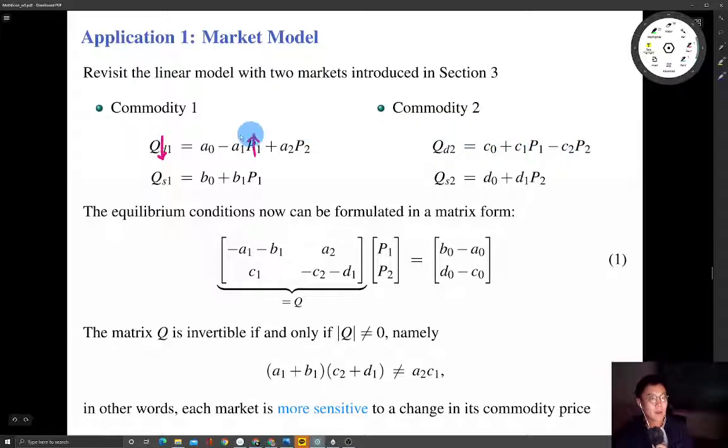But if we take a look at the coefficient of P2 in demand for good one, it is given by some positive constant. That means if the price of the other good goes up, then demand for the good goes up as well. So they move in the same direction.